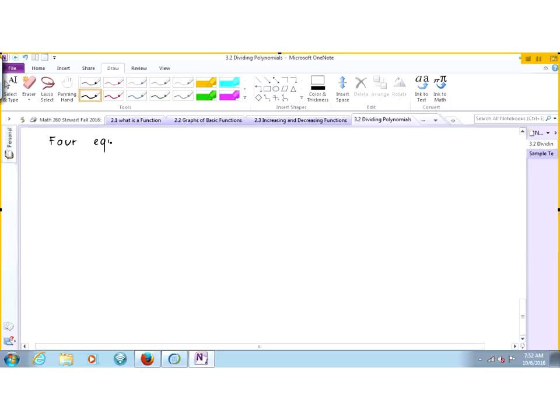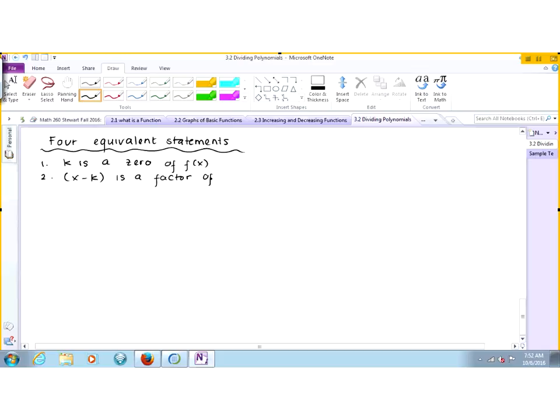So for equivalent statements, I never wrote this in your class before, maybe in 3.1. So, 1: k is a 0 of f of x. 2: x minus k is a factor of f of x.